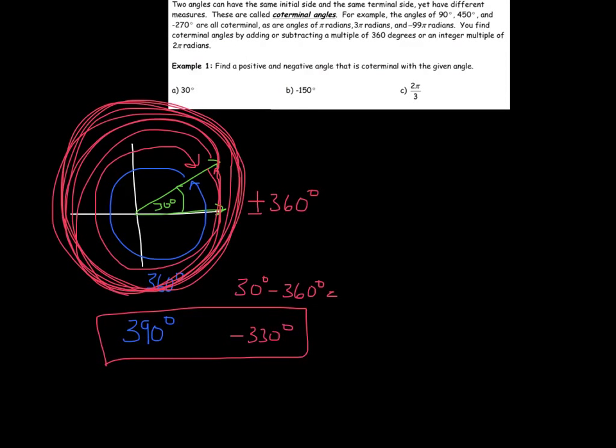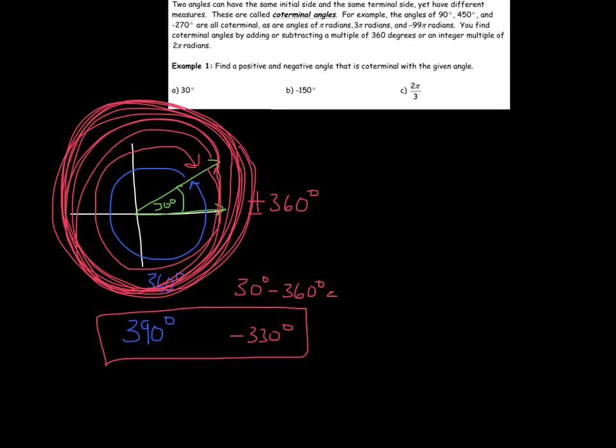And every time I go around, I just need to add 360 degrees. And so I would have added, I don't know, 10 times 360 right there, however many times I went around. So that's how you find coterminal angles. Very, very simple. Add 360, subtract 360.